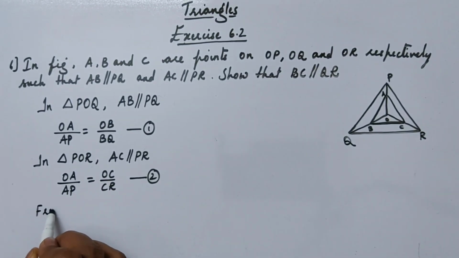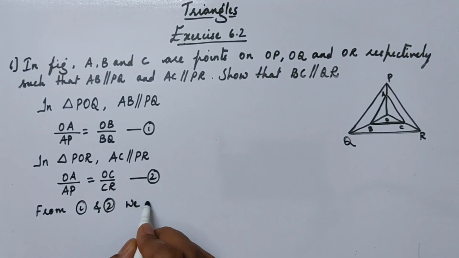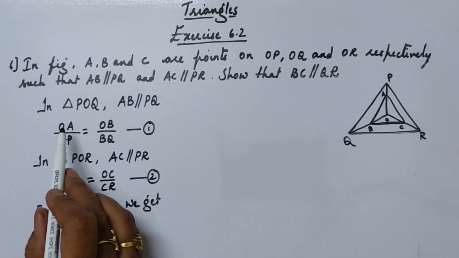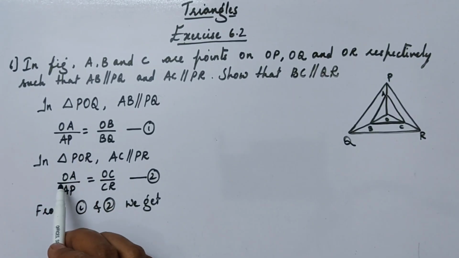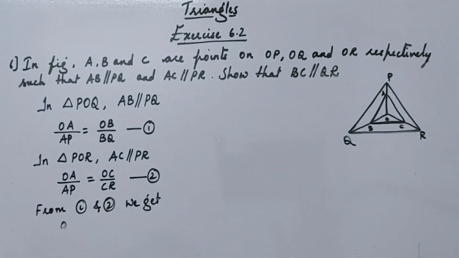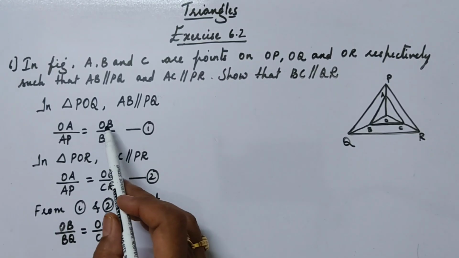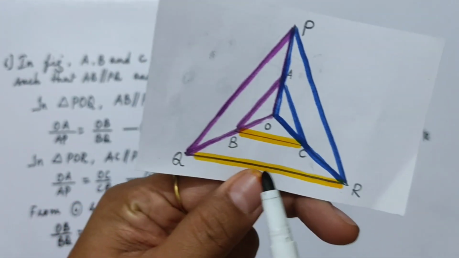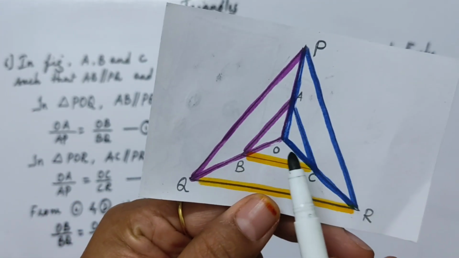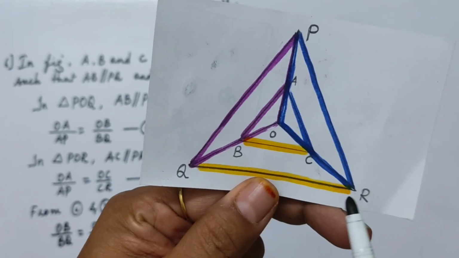So from 1 and 2 we get OB by BQ equals OC by CR, which is in triangle QOR.